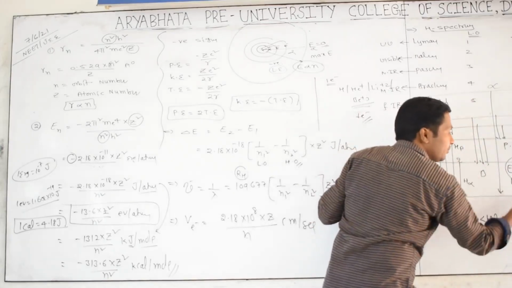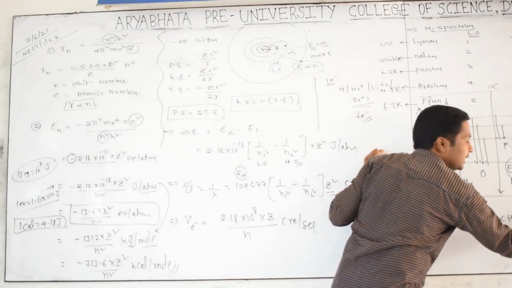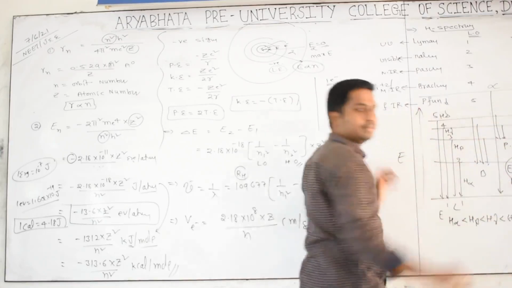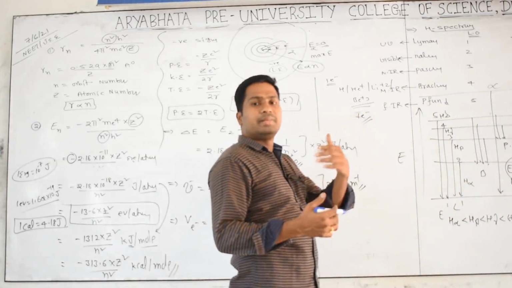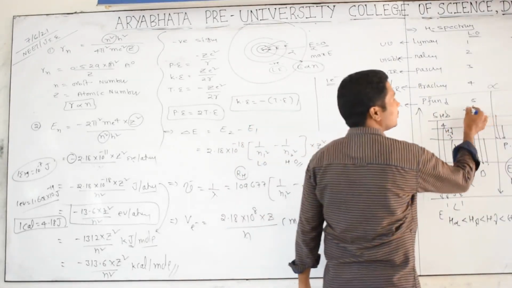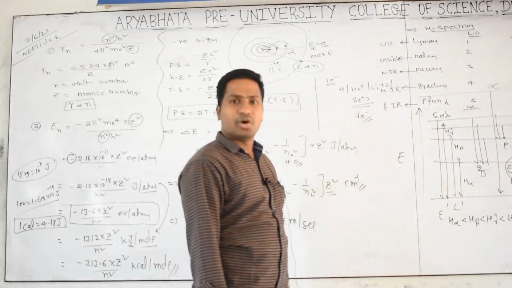Energy is maximum, wavelength will be minimum. That only we are calling the limiting wavelength, denoted by lambda infinity. You may ask a question: what is the limiting transition in the Balmer series? In the Balmer series, the electron should fall from the infinity level to the second level, and like that it will go on. Are you understanding or no?